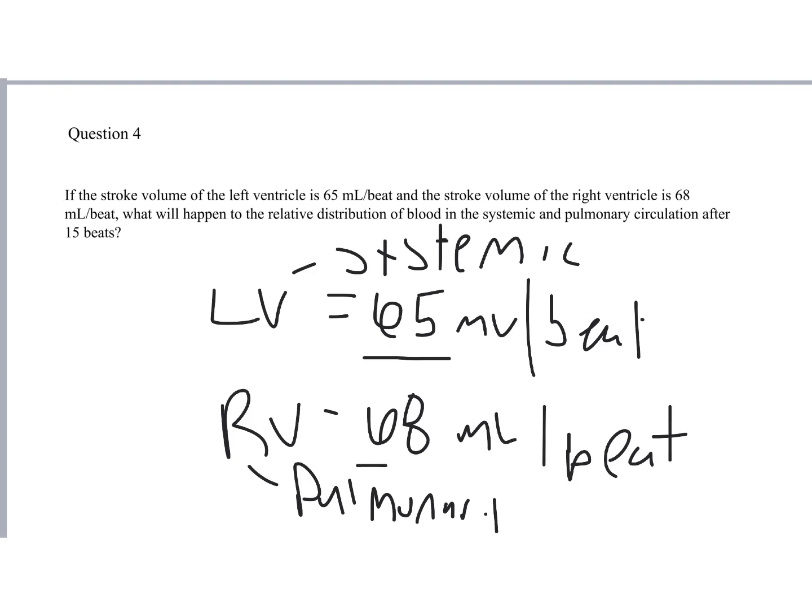So if we have 68 milliliters of blood going into the lungs and only 65 milliliters leaving the heart going into the systemic system, that means there's about 3 milliliters of blood that's staying in the pulmonary system compared to the systemic circuit. So after 15 beats, we're going to have whatever 3 times 15 is, 45 milliliters of excess fluid inside of the lungs. So it creates a pulmonary edema.